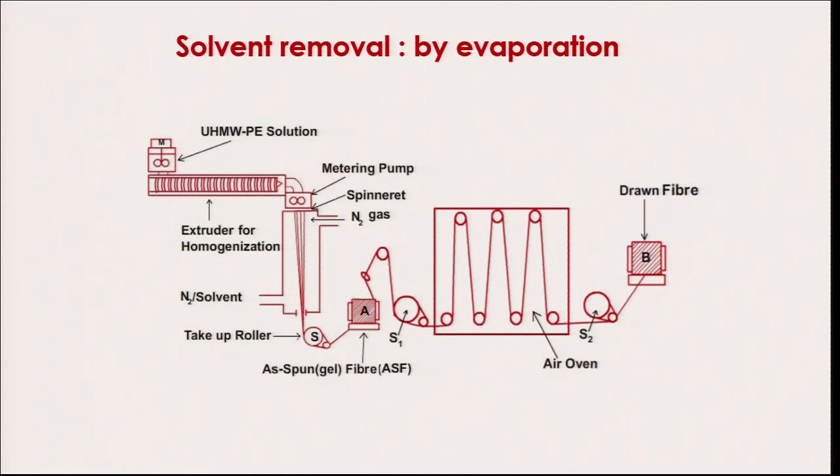So, when the fiber is spun, this hot nitrogen gas helps in evaporating the solvent, and when it evaporates the solvent, again it is inducing the crystallization of polymer chains, which indirectly means, what am I forming over here? Can anybody tell me?